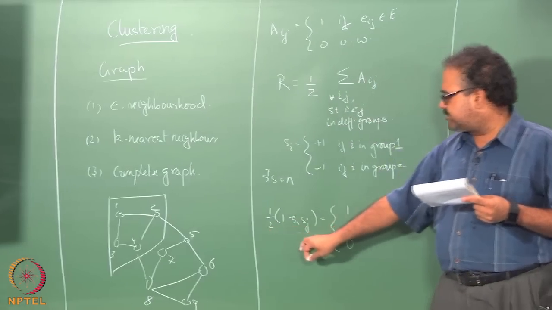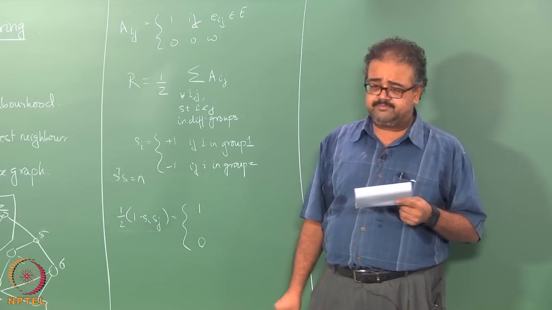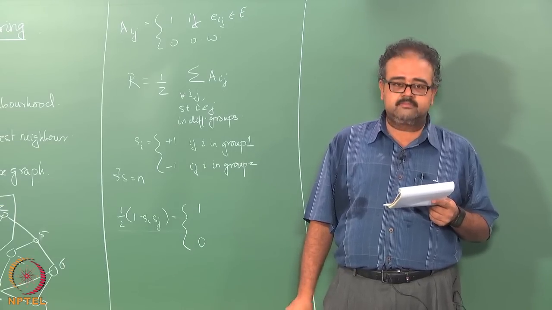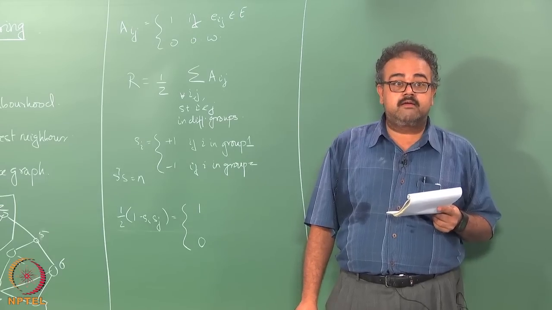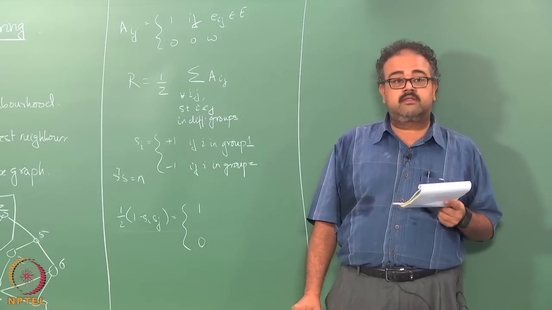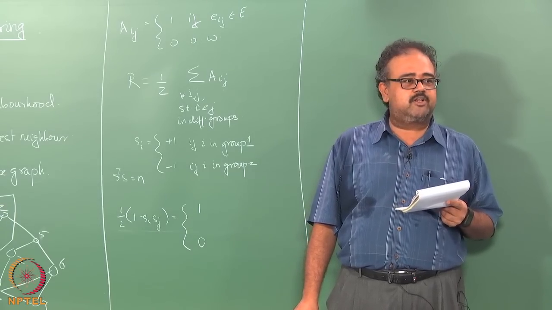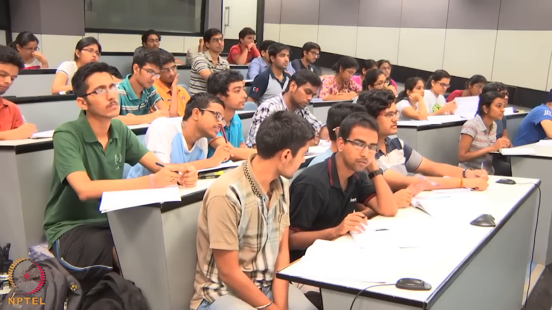So let us look at this expression. So when will L be 1? Both in different groups, right. If they are both in the same group it will be 0.